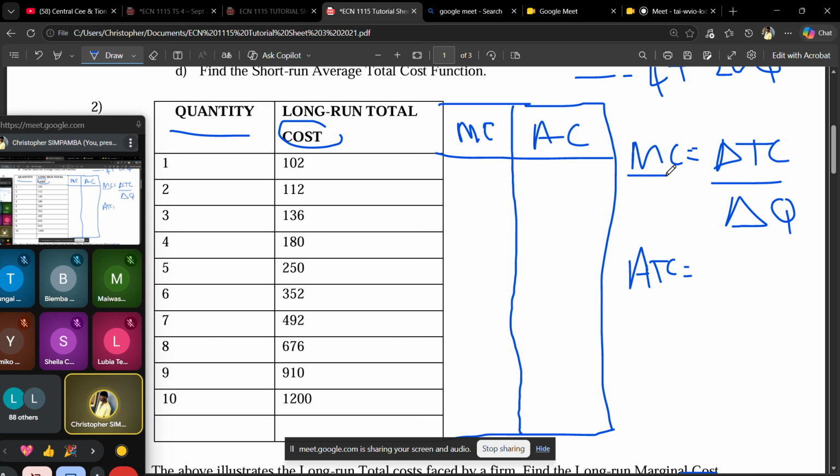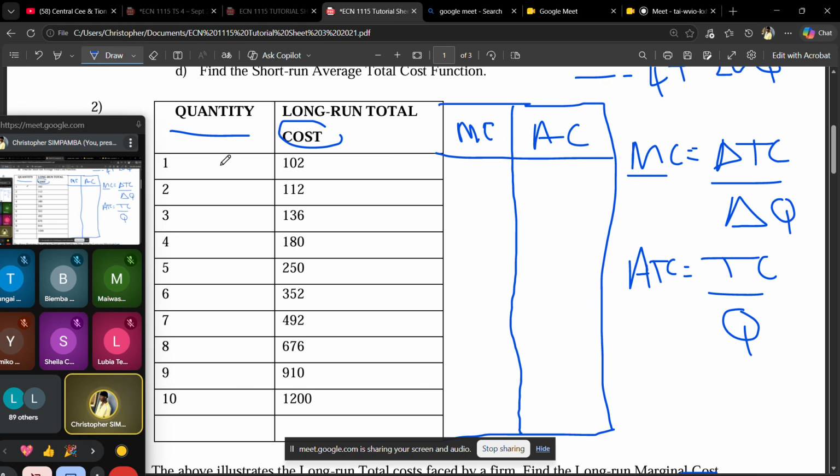When they are saying marginal, we equate to change in total cost and change in quantity, but average will just mean whatever quantity that we have, we do it per quantity that they are producing. So it is total cost per output that is being produced. That is how we put this in terms of the function.